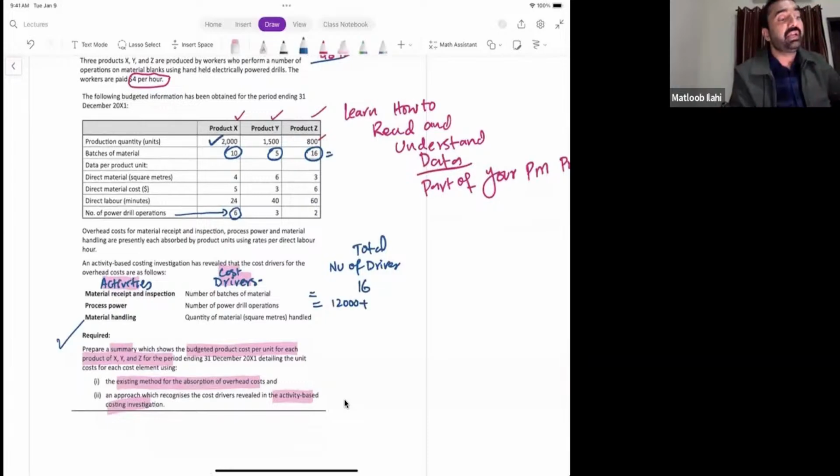Plus for Y, it is 3 per unit and 1,500 units, so that is 4,500. Plus for product Z, it is 2 and the number of units is 800, so 2 multiplied by 800 is equal to 1,600. So can you please calculate the total number of power drill operations required? How many in total?